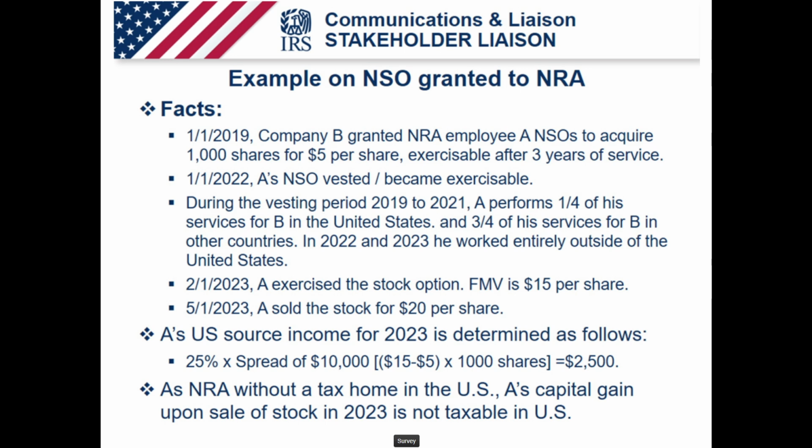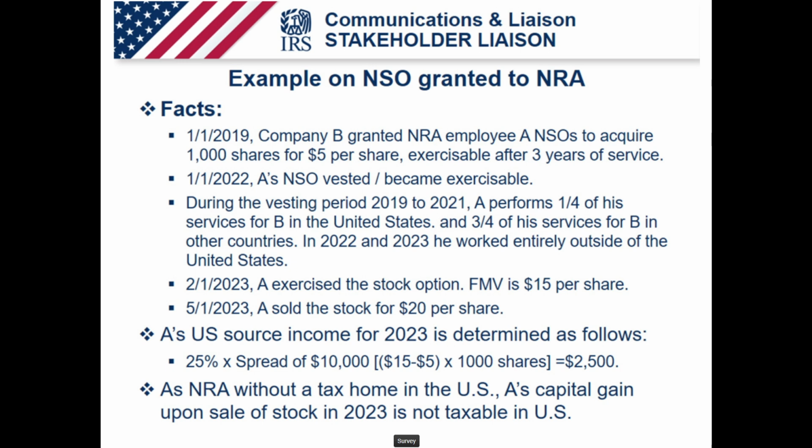The first example here is where a non-qualified stock option compensation income allocation, where we're assuming that all of the options granted are vested on the same date, which is January 1st, 2022, and all of the options are exercised by the non-resident alien on the same date, February 1st, 2023.